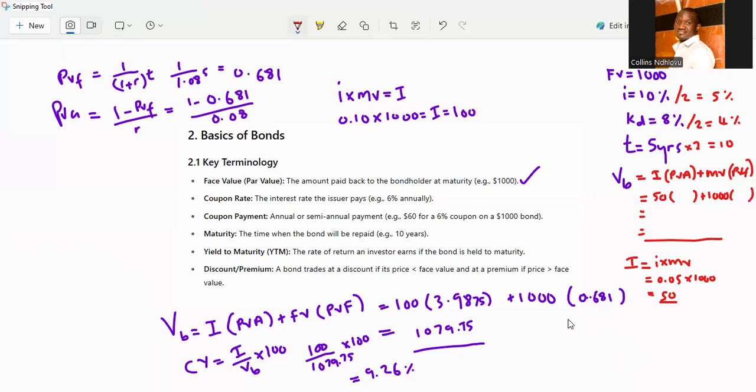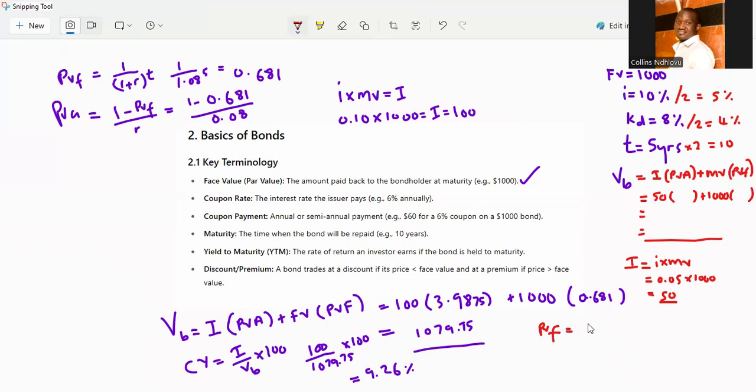How do we calculate the present value interest factor? 1 over 1 plus r to the power T. So what becomes our present value factor? Do we use this i? No. The coupon interest is only used to calculate the coupon value. Now we're using the market rate. So what is our market rate? 4%.